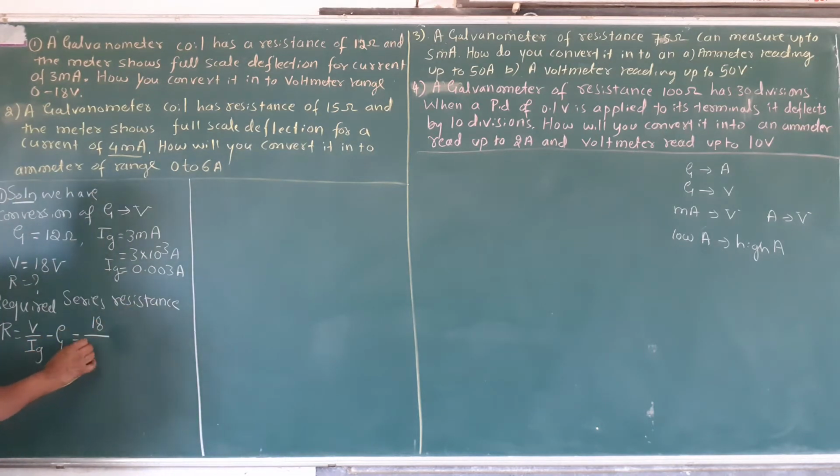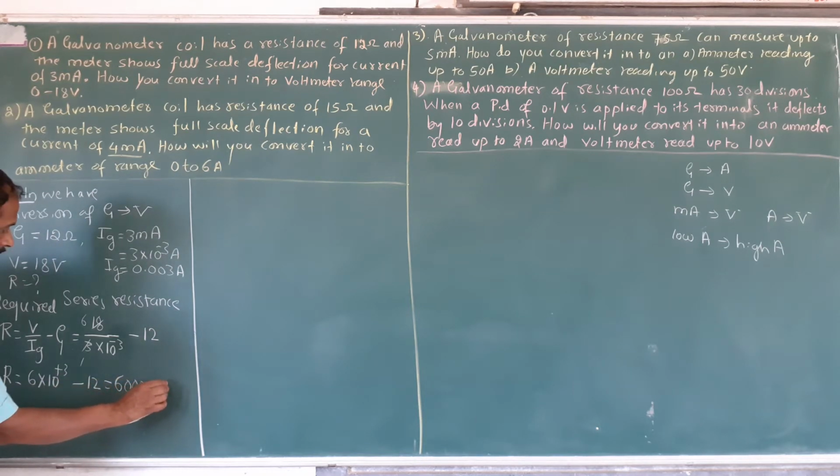R is equal to V upon Ig minus G, which is 18 volt divided by 3 into 10 to the power of minus 3, minus 12 ohm. 3 sixes are 18, so this is 6 into 10 to the power of plus 3 minus 12, that is 6000 minus 12.